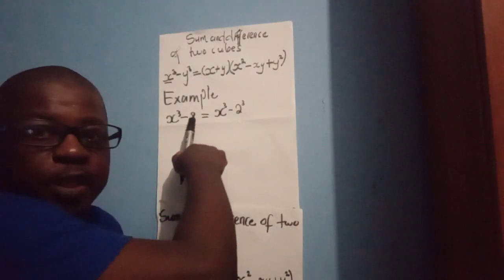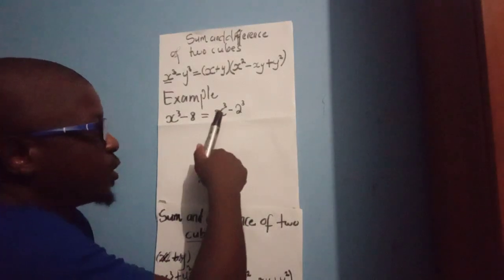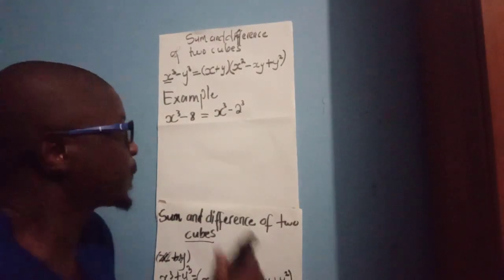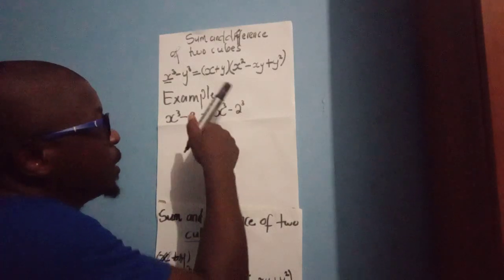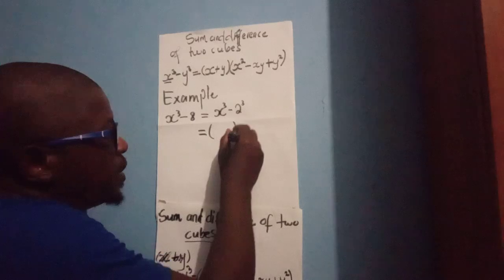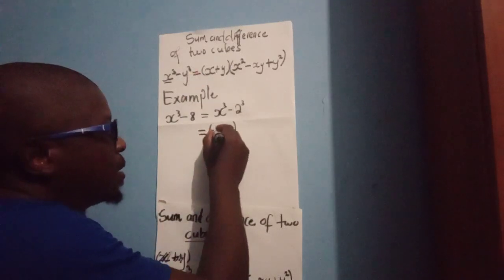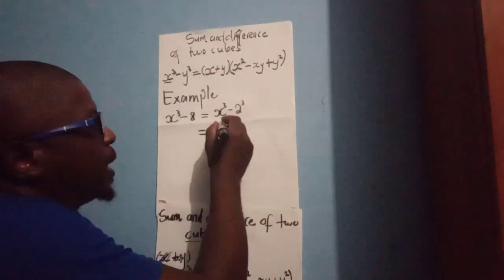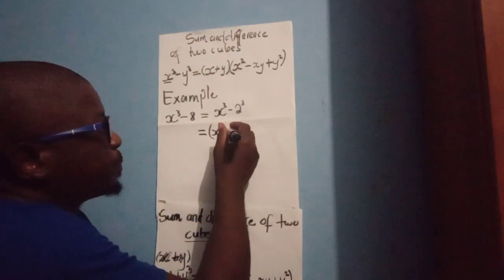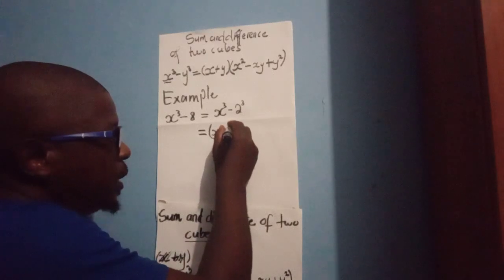I've changed my 8 into a 2, so that this will be our x and this will take the place of the y. Since we need to express it in this manner, our x will be x, and my y will be 2.